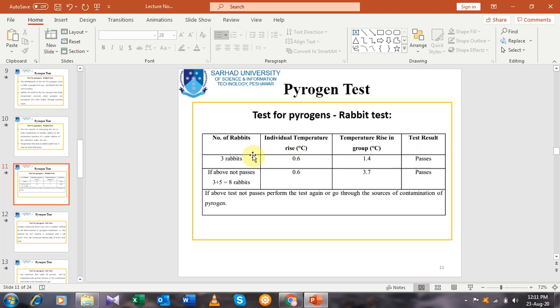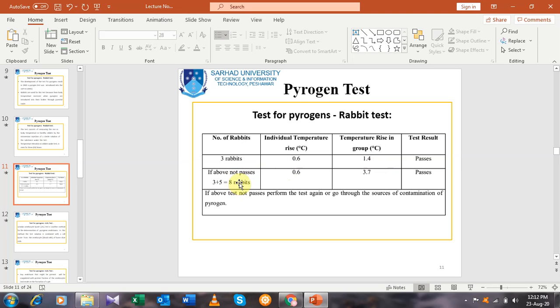If for the above 3 animals which we have selected, either the individual temperature rise or the rise in the group exceeds these limits, then we will repeat the test by selecting 5 more healthy and mature rabbits.